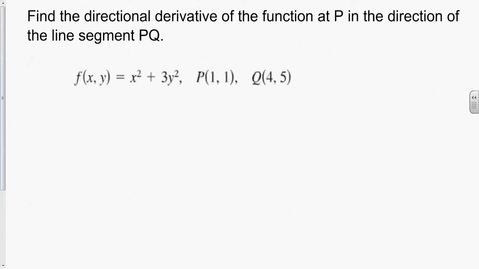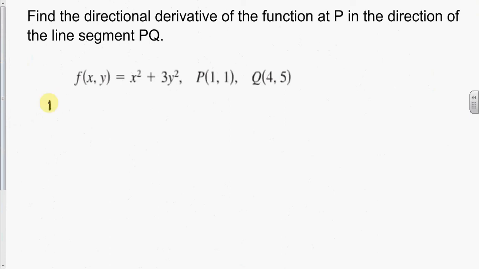But now, what if they just give you the line segment PQ? We use the idea that we know that u is parallel to PQ, right? So we're still basically talking about the same thing.